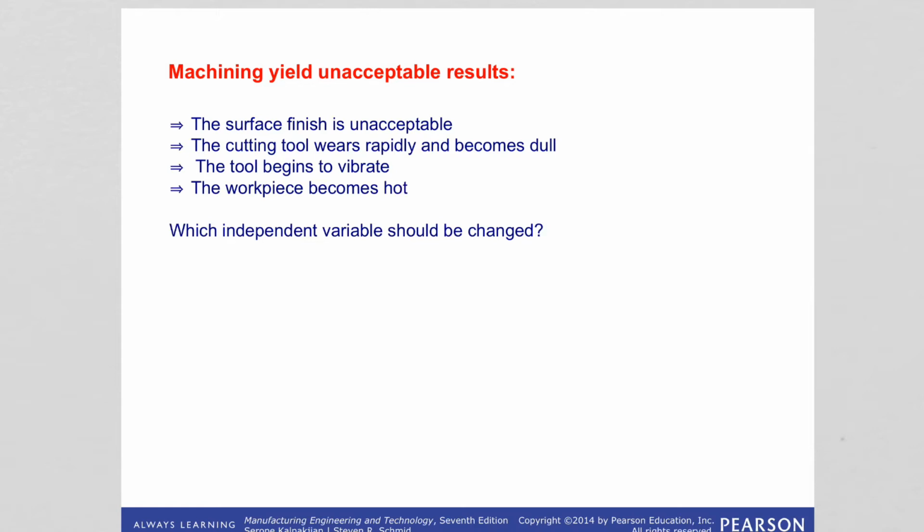So, for example, your machining yields unacceptable results. For example, the surface finish is unacceptable. Then which independent variable should be changed?